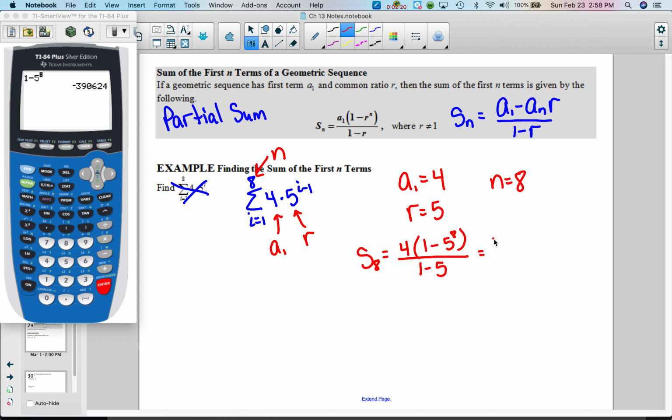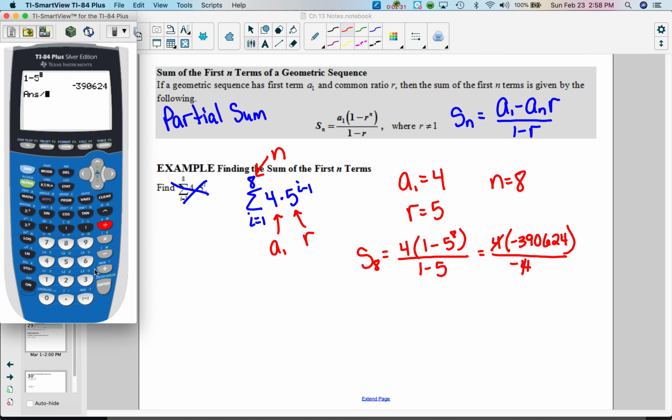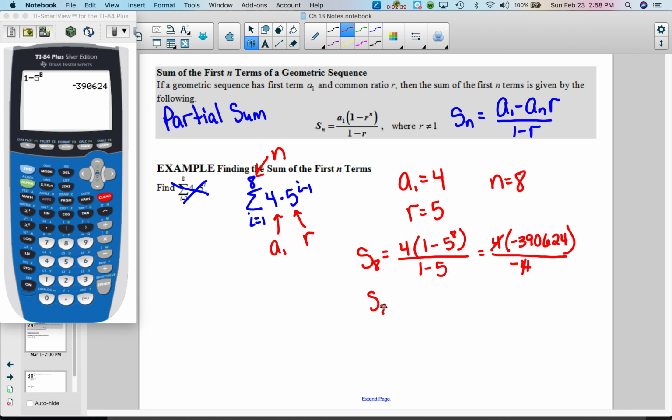So we have 4 times negative 390,624 divided by -4. So we get S sub 8 equals a positive, since we had a negative 1 down here, 390,624. Okay, so that would be my partial sum for the first 8 terms.